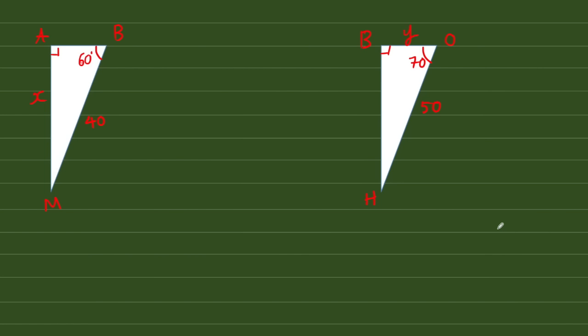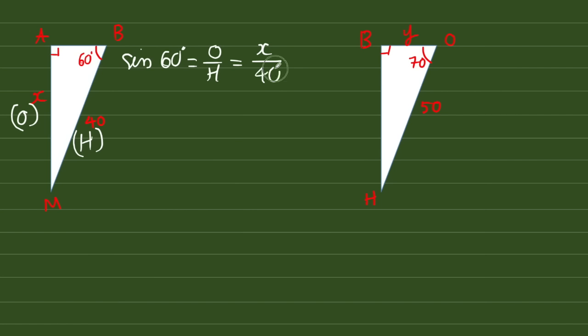Continue with this one. You have x, and a 60 degree angle here. This one is opposite and this is the hypotenuse, so we will use sine. Sine equals opposite divided by hypotenuse. Opposite is x, hypotenuse is 40, and this is over 1.